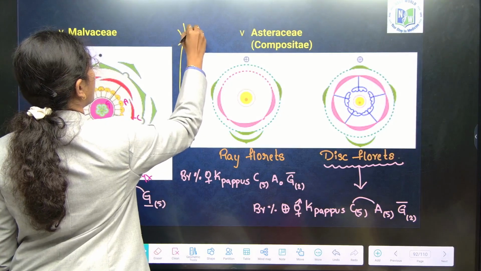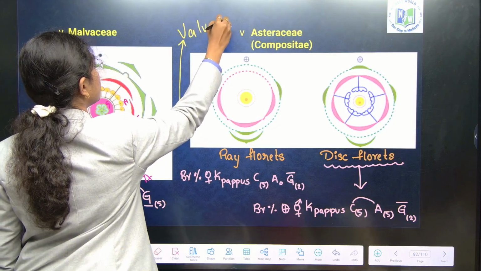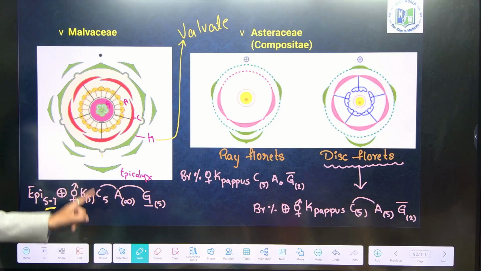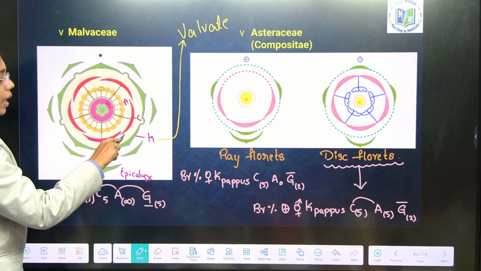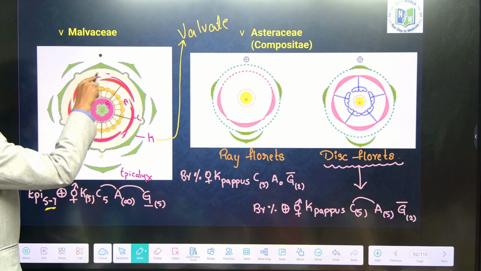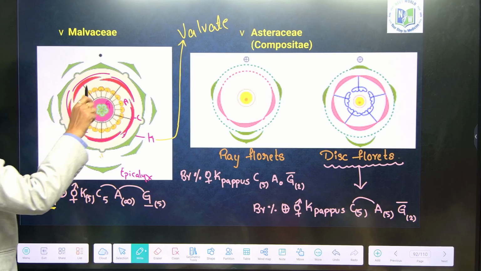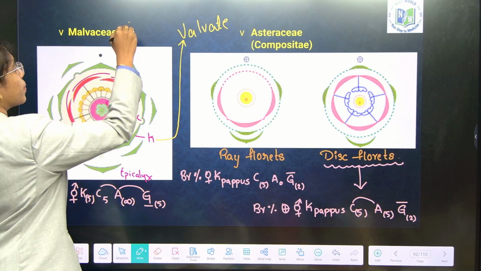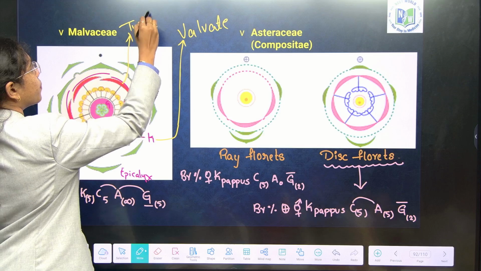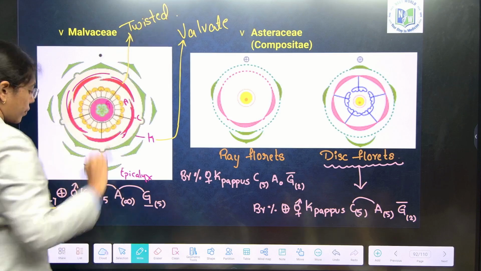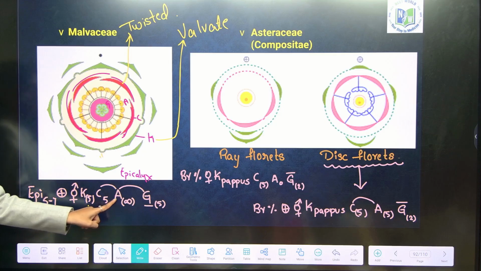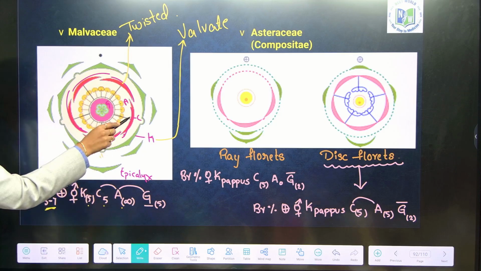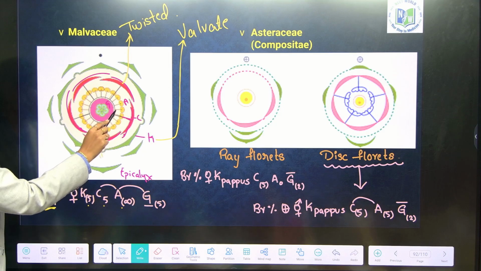Why are you so doubtful? The diagram is clear, no? Everybody can see. Valvate estivation. And here you can see equal orientation. There is a pattern of orientation. This is what? Twisted type. Okay. So calyx 5 fused, corolla 5 free. Androecium, they are adjoining to corolla and to gynoecium.